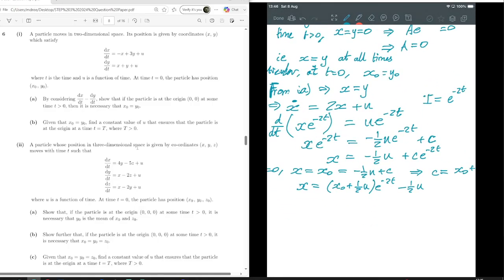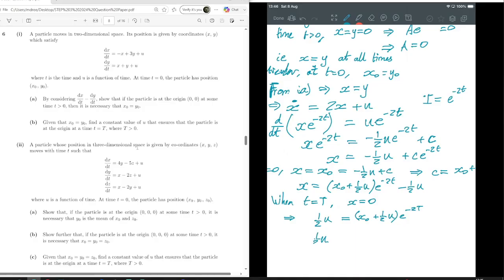And I would like this to be at the origin. So when t equals capital T, x equals 0, so that's going to be that the half u, which I'm going to put onto the other side, x naught plus a half u e to the negative 2 capital T now. And I want to rearrange this to make u equals.